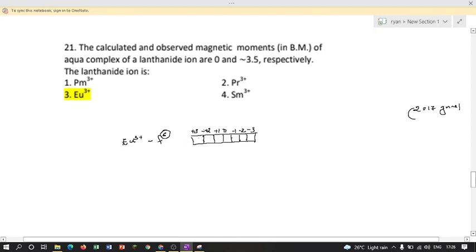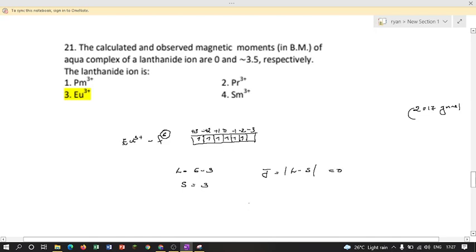F6, right? Therefore, here 1, 2, 3, 4, 5, 6. Here L is equal to 6 minus 3, therefore S equal to 3. J: it is less than half filled. Therefore, if it is less than half filled, we have to write L minus S. So L minus S will be equal to 0.